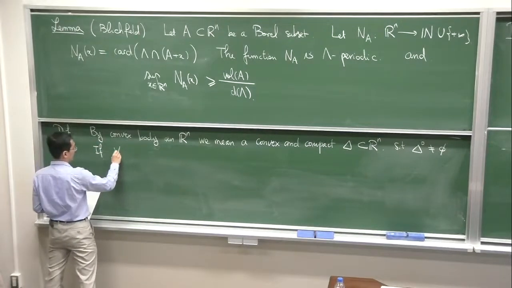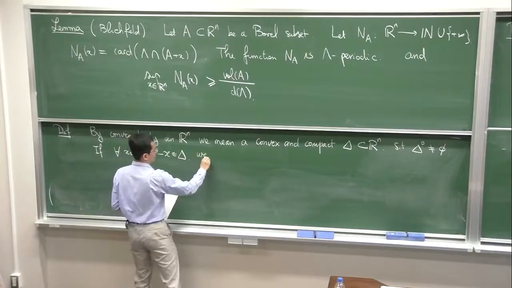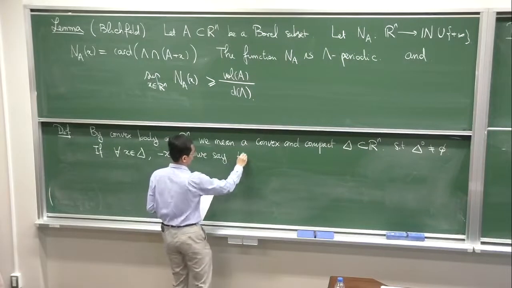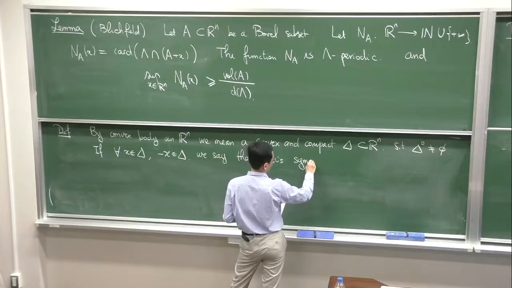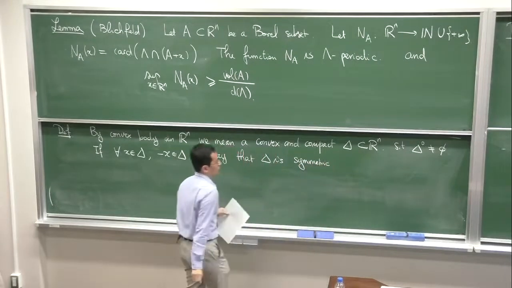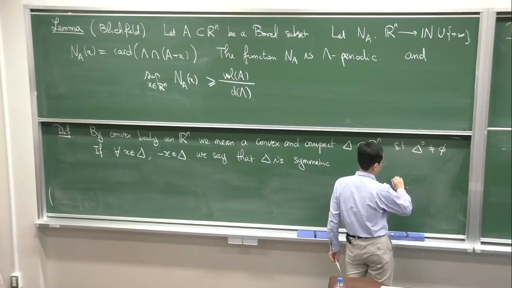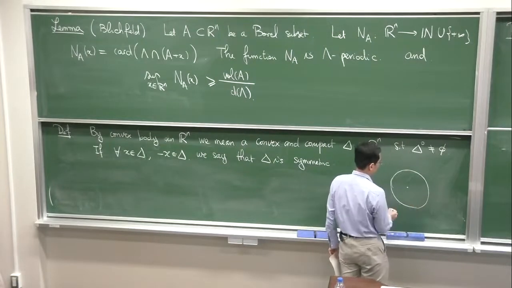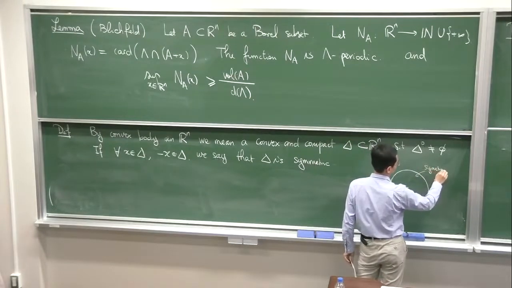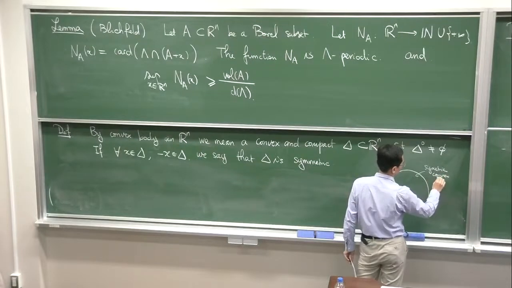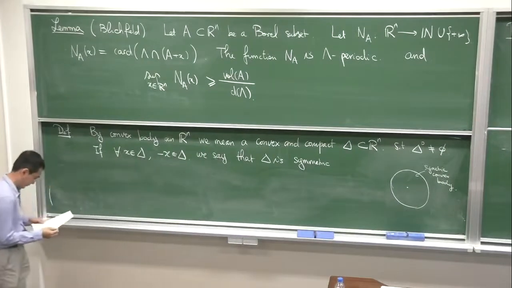If in addition for any x in Delta you have -x also in Delta, we say that Delta is symmetric. I will give you some examples. If you draw a disk in R^2, this is a symmetric convex body. You can guess other examples.